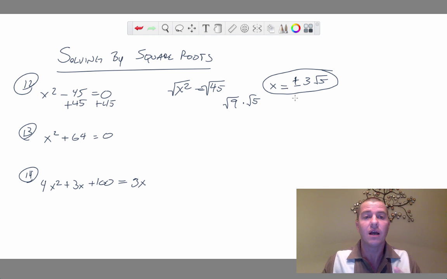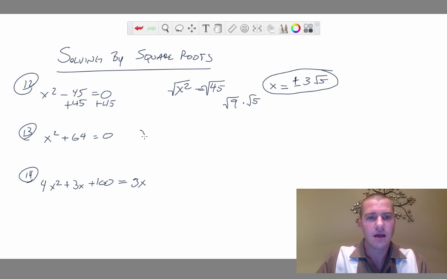These go very quick, but you have to know when you can use them, when you can't. So for this next one, I subtract the 64 to get the x squared by itself. And I get x squared is equal to negative 64. And then I take the square root.